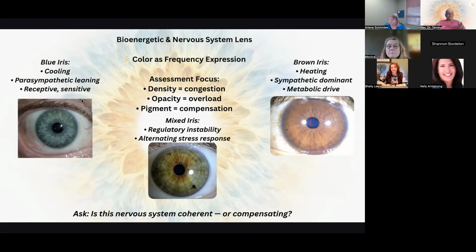So think along those lines when you're looking at these eyes. If you don't have a health coach background or a doctor of natural medicine background or anything like that, it's going to be a little more difficult for you to know what she means by metabolic drive, what she means by sympathetic.